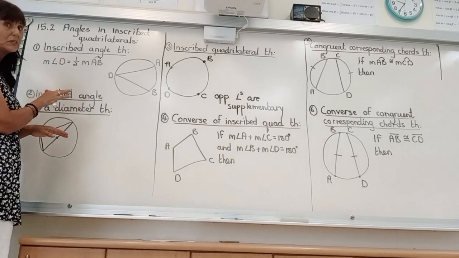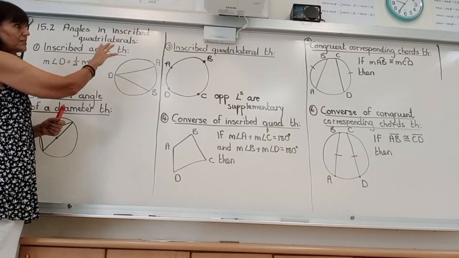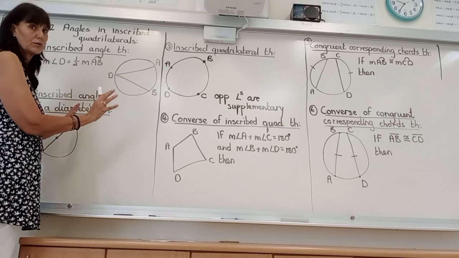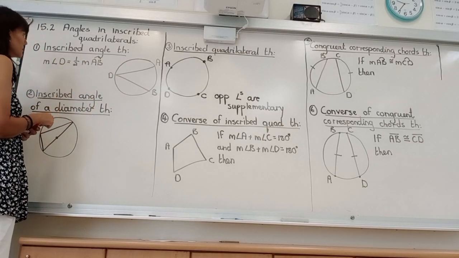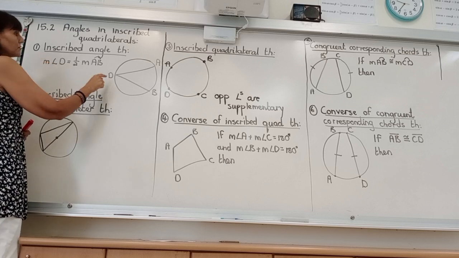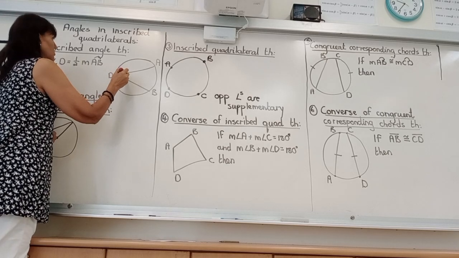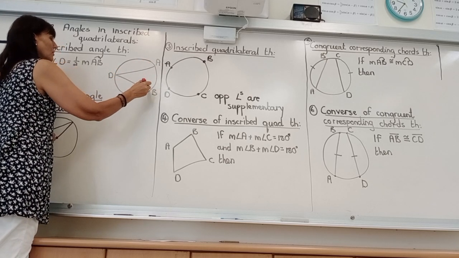First I want to do a little bit of review of what we did in 15.1, and then eventually we're going to have all 6 of the theorems that we're going to work with on the board. Last time we said, by the inscribed angle theorem, the measurement of this angle A, or D, will be half of the measurement of the arc.